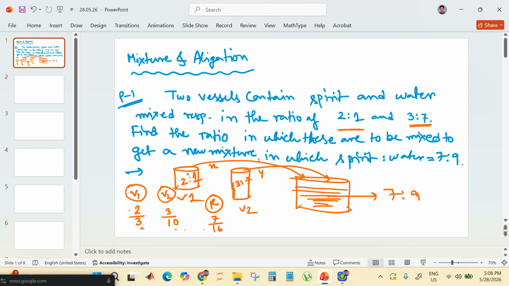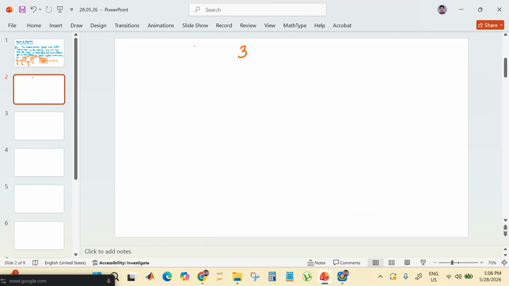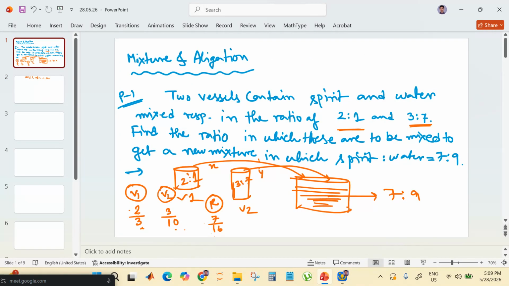What should be the LCM of these three, 3, 10, and 16? First calculate it. It should be 240. Just multiply 240 with all these ratios.